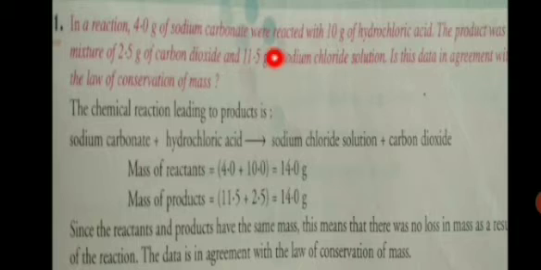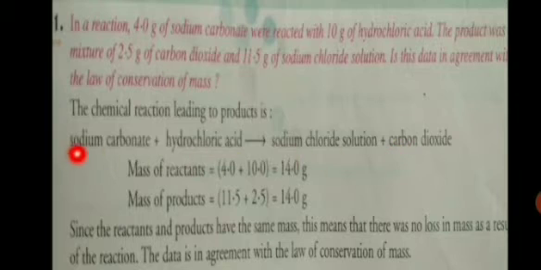The product was a mixture of 2.5 gram of carbon dioxide and 11.5 gram of sodium chloride solution. Here how many products are there? 2 products are there. One is carbon dioxide and the other one is sodium chloride. So write arrow and write sodium chloride and carbon dioxide.